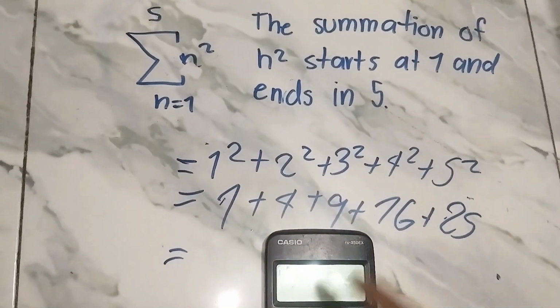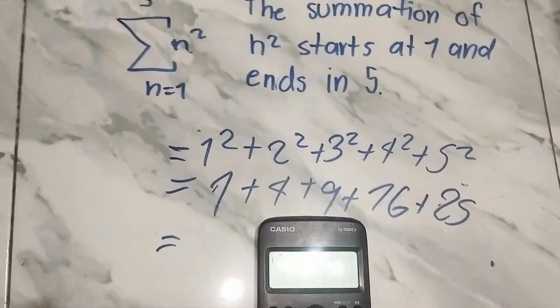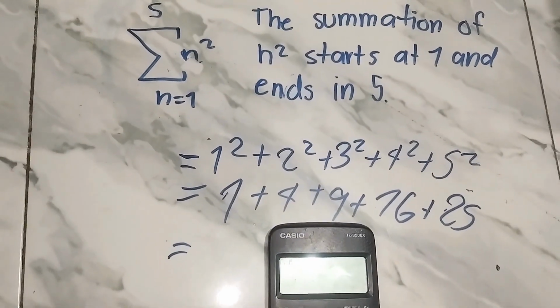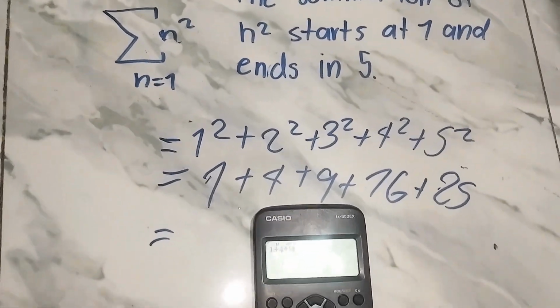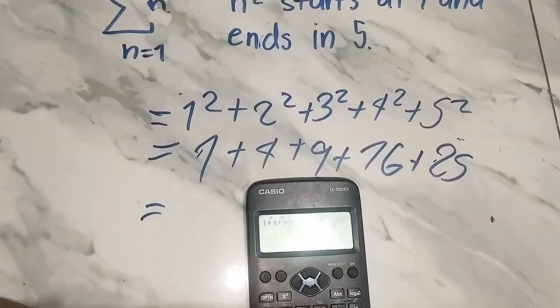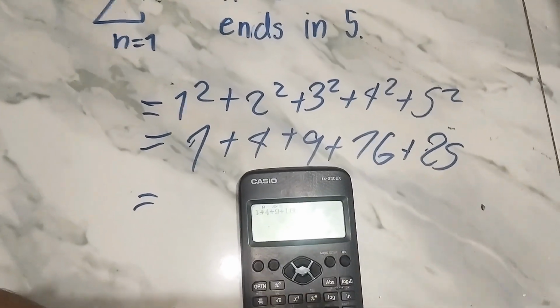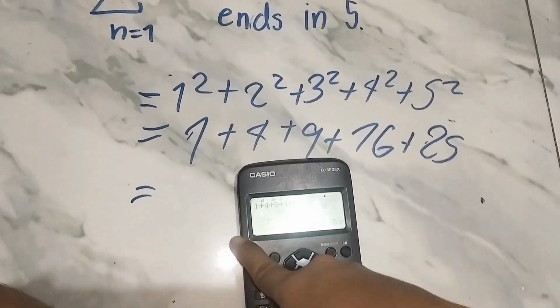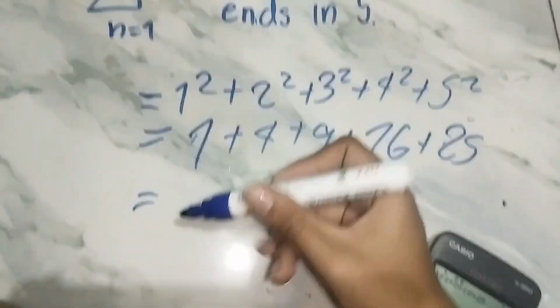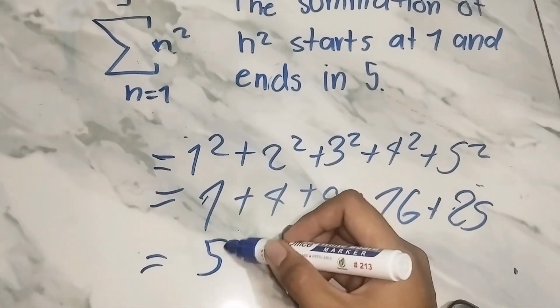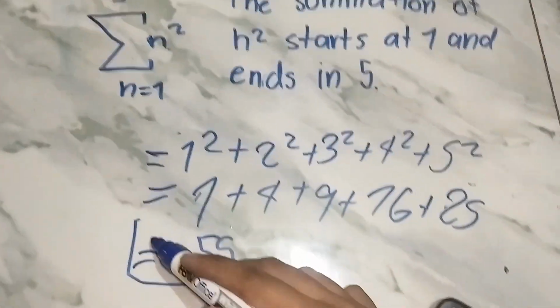I do not recommend using a calculator unless it is necessary. So we have 1 plus 4 plus 9 plus 16 plus 25. Our final answer is 55. So that's it.